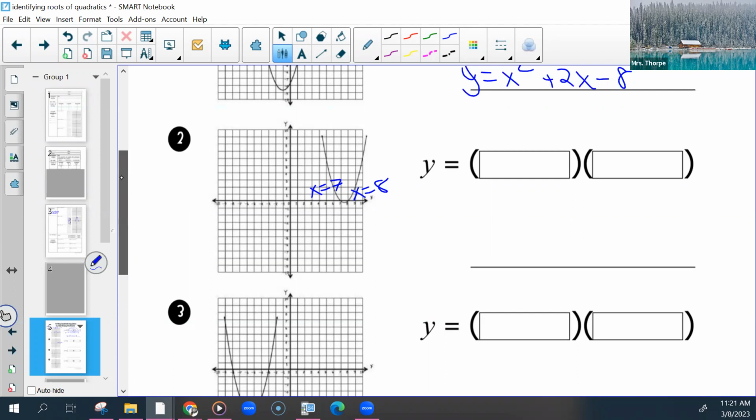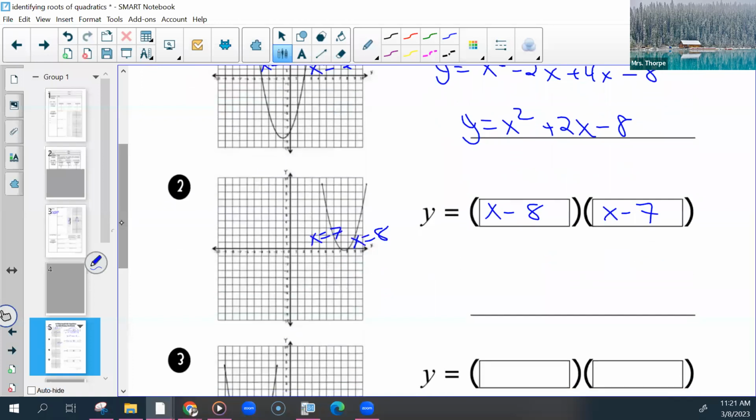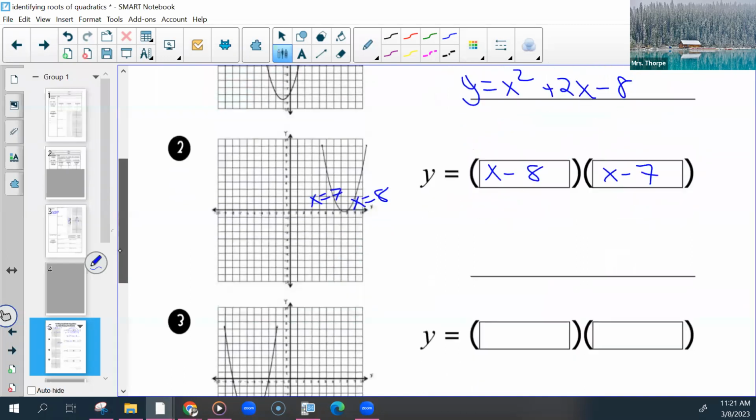Think about how we wrote number 1. So x minus 7 and x minus 8. Whether you put the 7 first or the 8 first doesn't matter. If you were to set both of these equal to 0 separately and solve them, you would get these two. And that's our goal. Questions on 2?